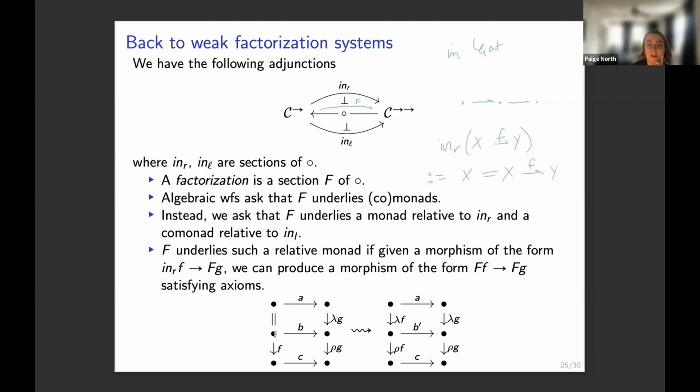We can factor F into lambda F and rho F. And then we can think of the bottom square, and shift it in our minds as being a square between lambda F and rho G. And then we find a lift like this. And that's exactly the B prime that we're looking for. Okay. So this corresponds to things that we can do when we're in a regular old algebraic weak factorization system.